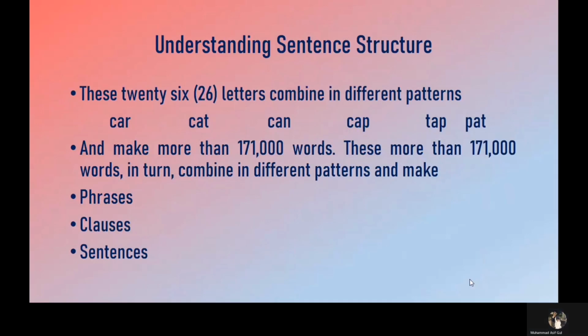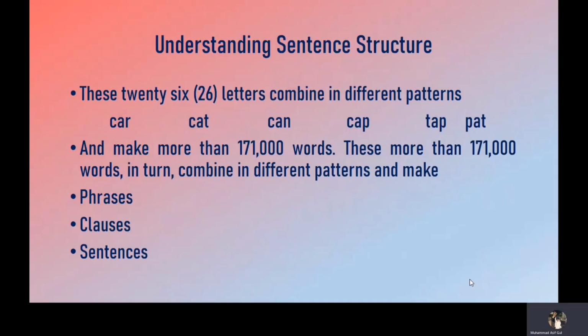And then these more than 171,000 words in turn combine in different patterns to make phrases and clauses and sentences. Today we will be confining our discussion to phrases and clauses.